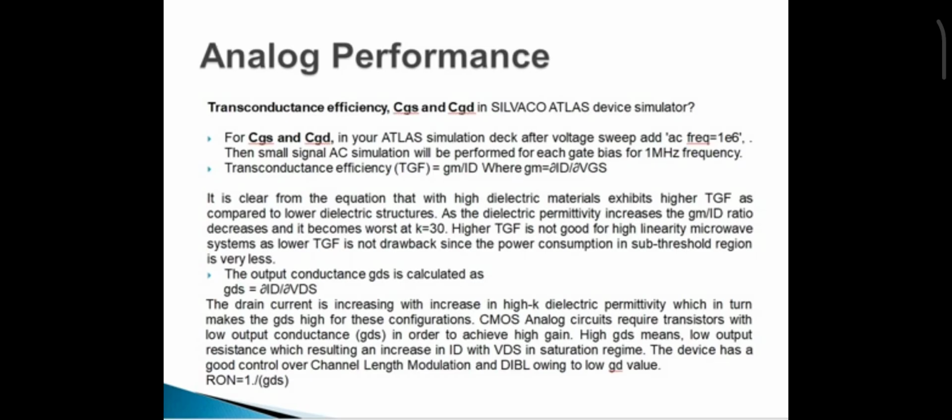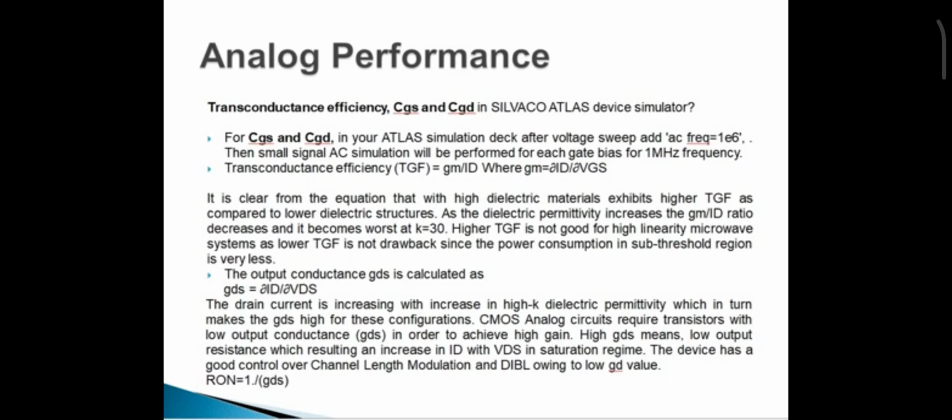The output conductance GDS is calculated as change in ID with respect to change in VDS, the drain to source voltage. The drain current is increasing with increase in high K dielectric permittivity, which in turn makes the GDS high for these configurations. CMOS analog circuits require transistors with low output conductance in order to achieve high gain.